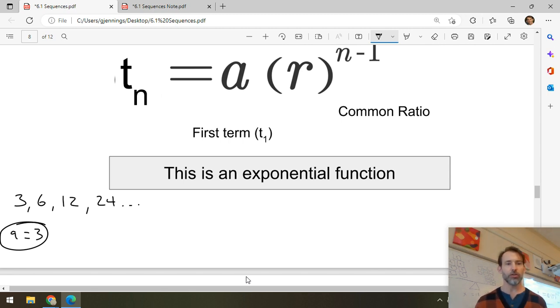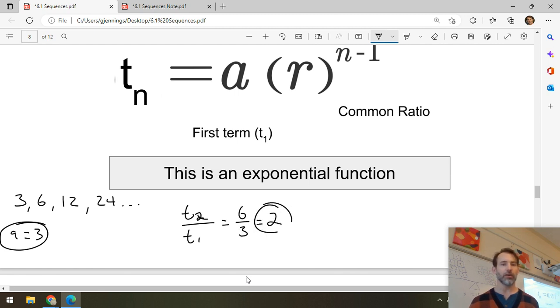So what you do is you could do T2 divided by T1. And that will be 6 divided by 3 is equal to 2. So there is my R. That's R, the common ratio. But the astute among you will also notice T3 divided by T2, well, that's 12 divided by 6. That's also 2.